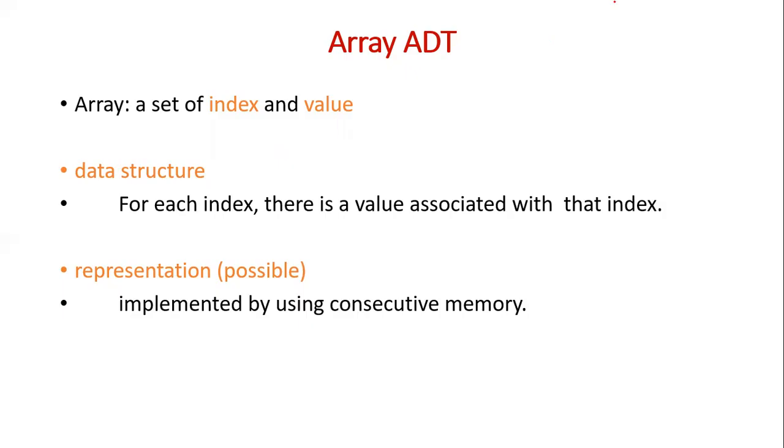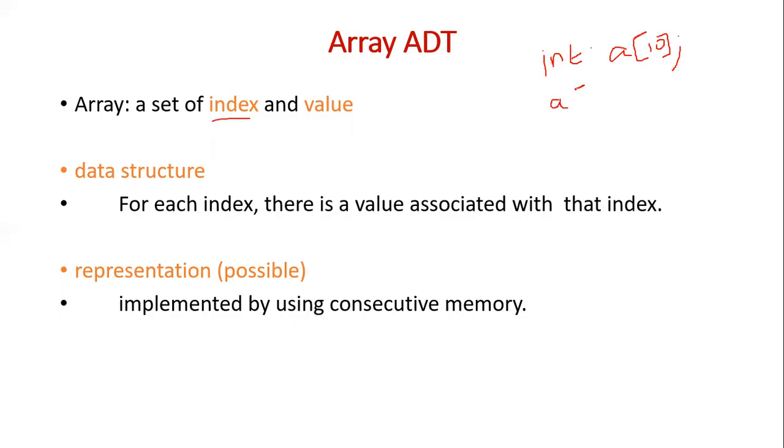Then he can assign some values. Say if he declares an array int a of 10, then he will assign values something like a of 1 is equal to something, a of 5 is equal to something like that. So he accesses the array contents by using index and the associated value.